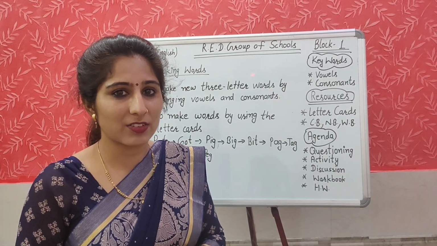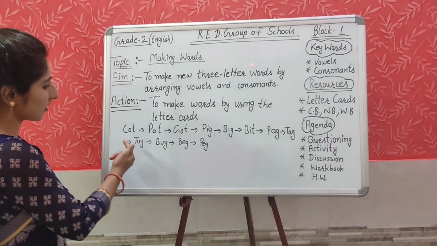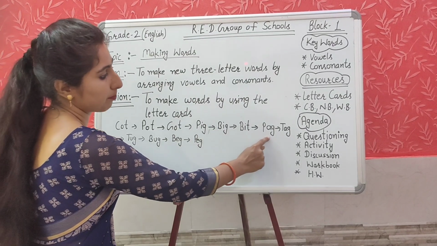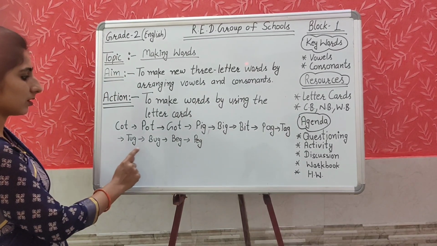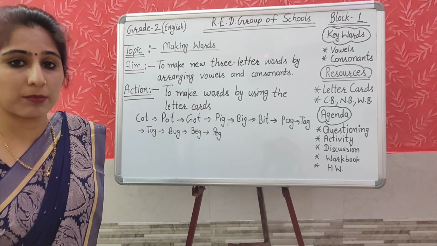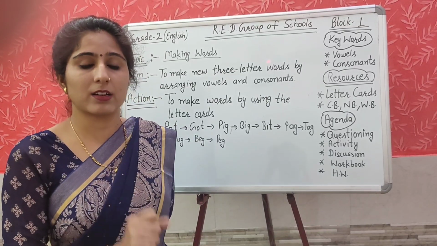It was an interesting activity, na? We have made so many words by using the letter cards, like coat, pot, goat, pig, big, bit, peg, tag, tug, bug, bag, pen. So this is how you can make more and more words by using these letter cards.